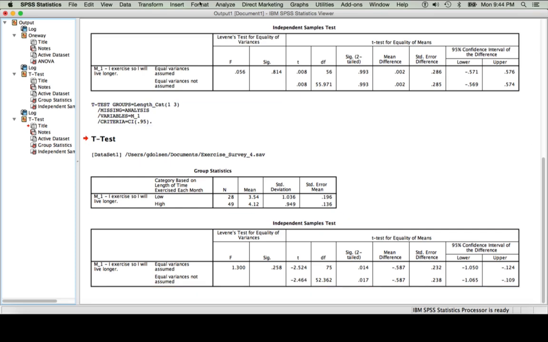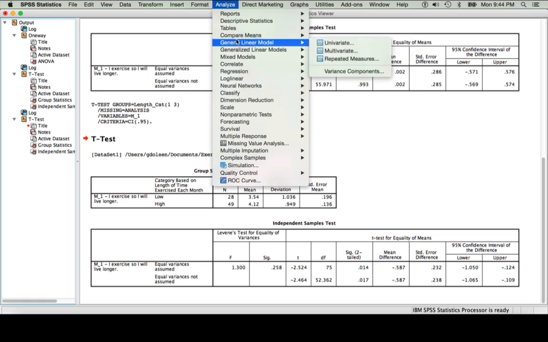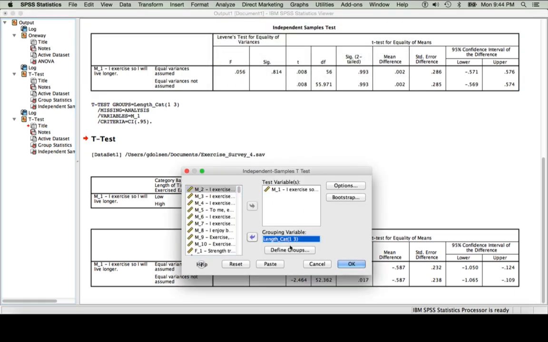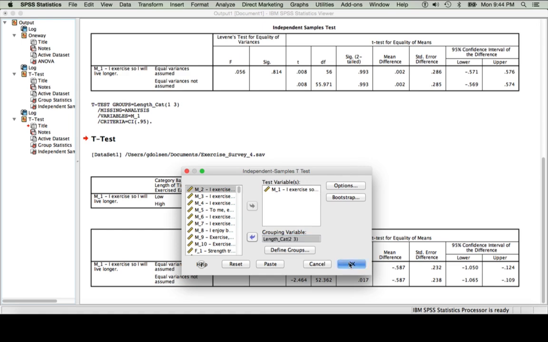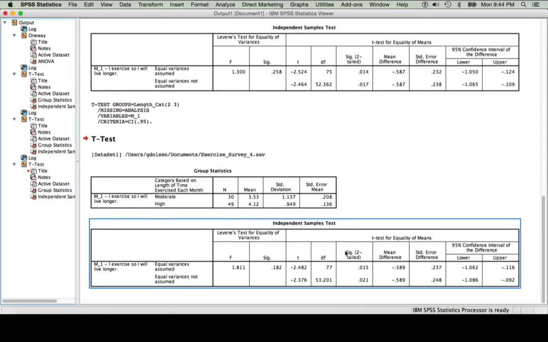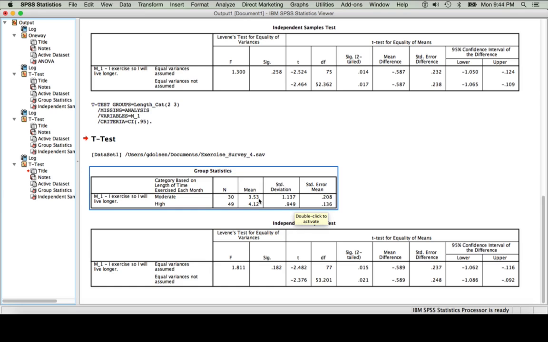Now we do our very last possible independent samples t-test: compare means, independent samples t-test, define groups. And in this case, we're going to compare moderate, which is coded as 2, with 3, which is high. We'll hit continue and we'll go OK. And that'll pop up our last comparison. So moderate is at 3.53 and high is at 4.12. Do these two significantly differ from each other?